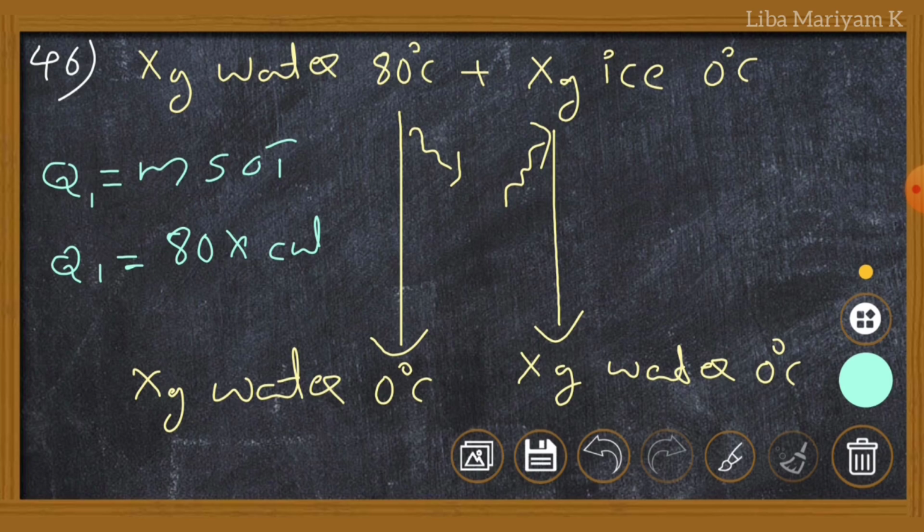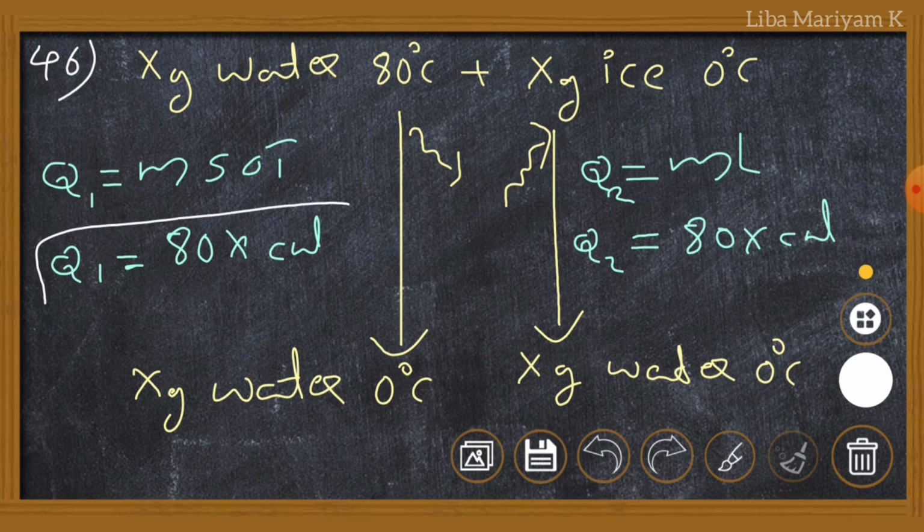Energy required for phase transfer is given by Q equal to ml, Q2 equal to ml, which is equal to mass x gram and latent heat of fusion is 80 calorie per gram. Therefore, 80x calorie energy is required for fusion.